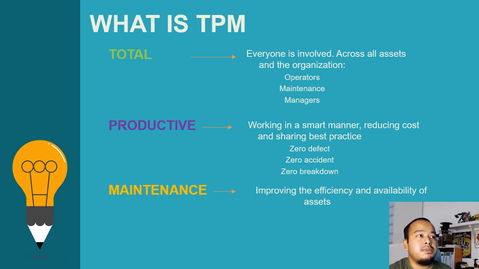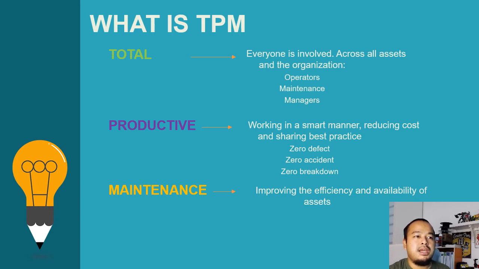So total means that everyone is involved across all assets and organization, which includes operators, maintenance, managers, as well as line supervisors. Everyone, not operators only, not technician job only. That's what we define by total. Second is productive, which means working in a smart manner, reducing cost and sharing best practice, which includes zero defect, zero accident, and zero breakdown.